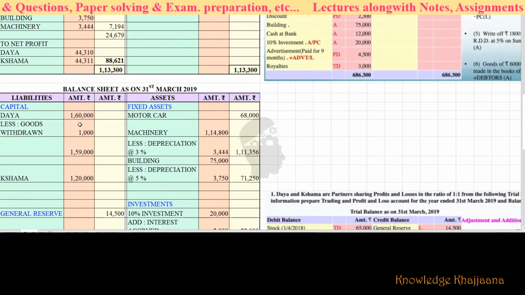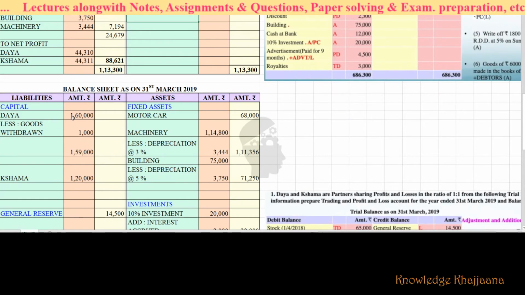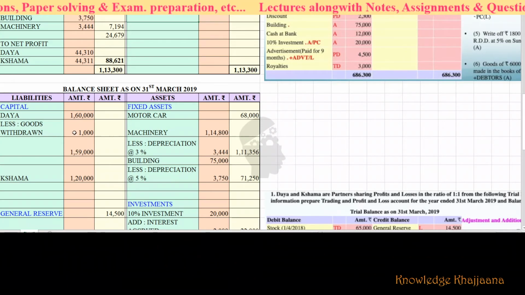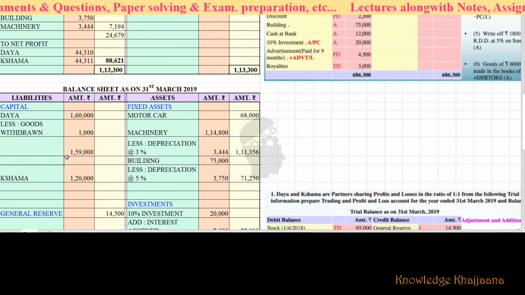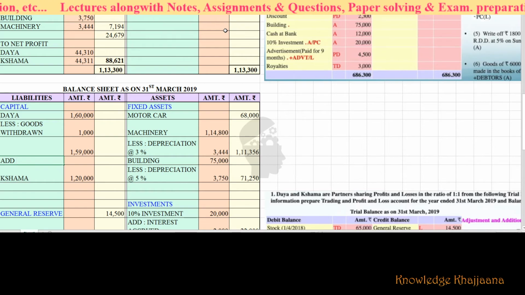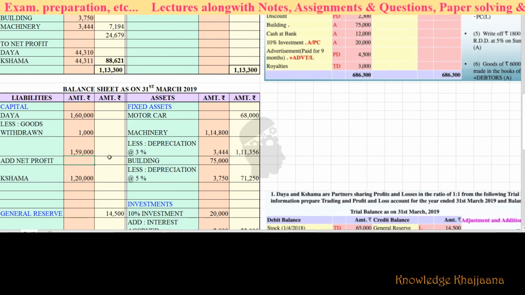So we'll carry it to the capital account of both of them. Daya had brought capital of rupees 1,60,000. Goods of rupees 1,000 she has withdrawn. But she will get the share of profit, that is 44,310.